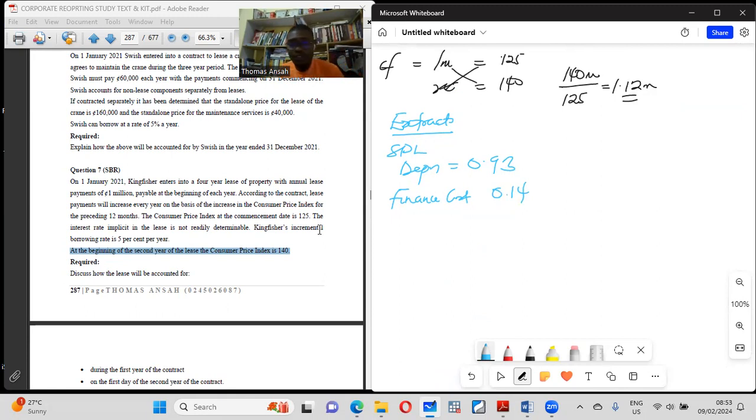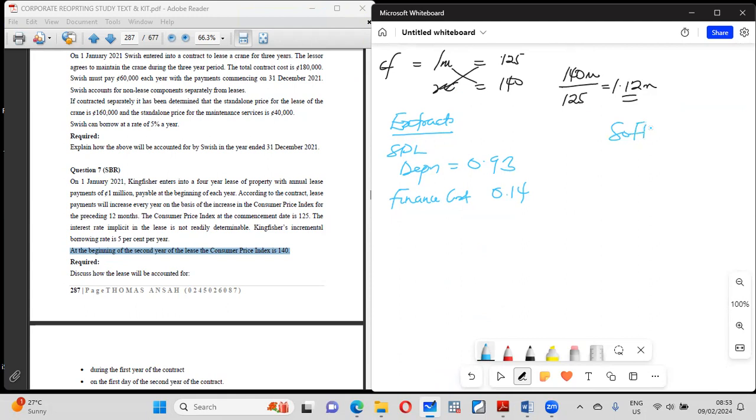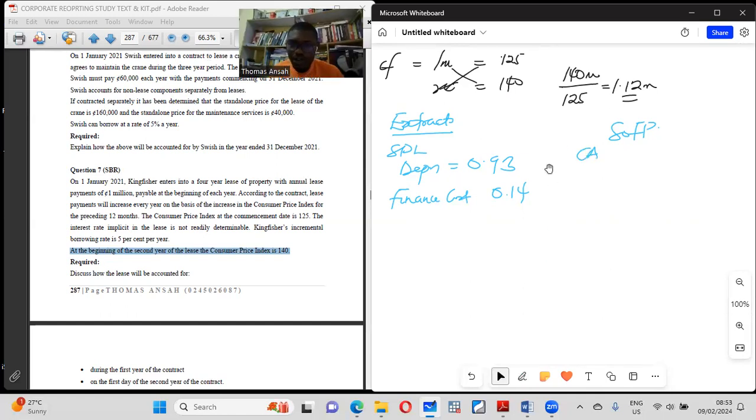Now we go in there to do our SOFP. Inside the SOFP, we are going to record CA. How much is now our CA?